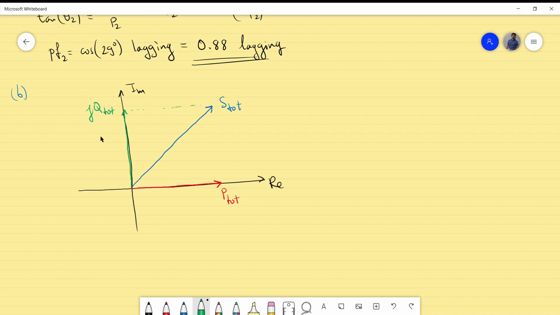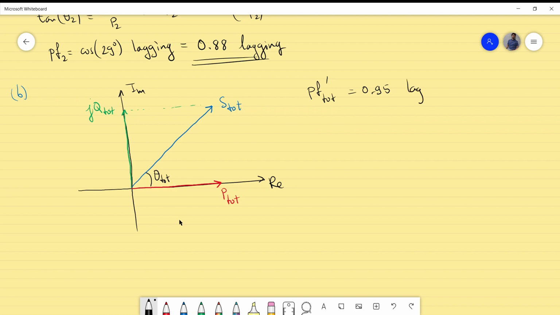So after the parallel element is placed, this phase, which is designated here as phi total, must reduce to a specific value. But what is the value of that? Let's calculate that first. So the PF total, the new one, so I make a prime, will be equal to 0.95 lagging.